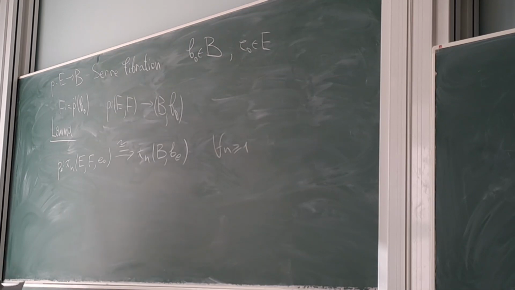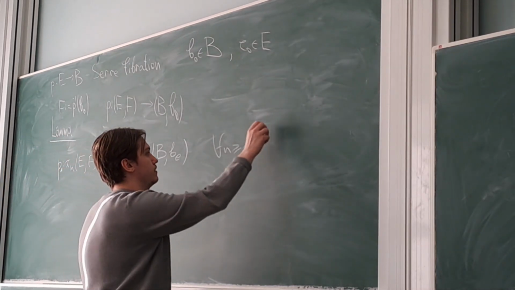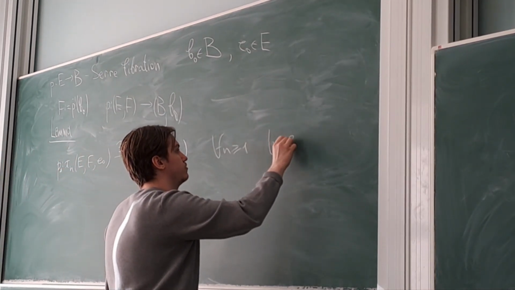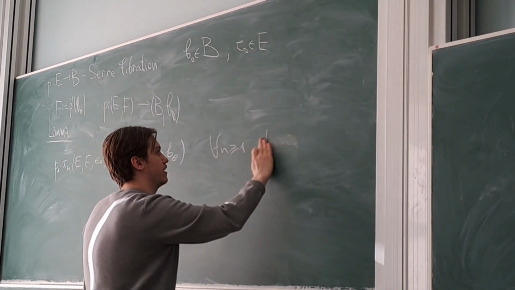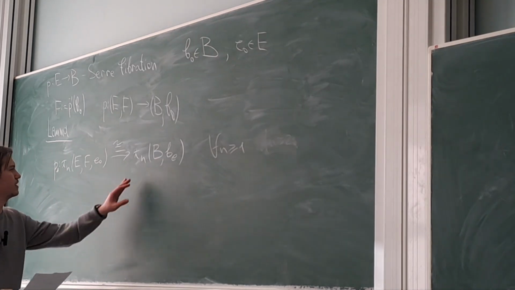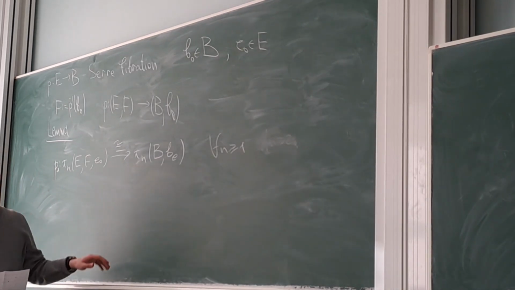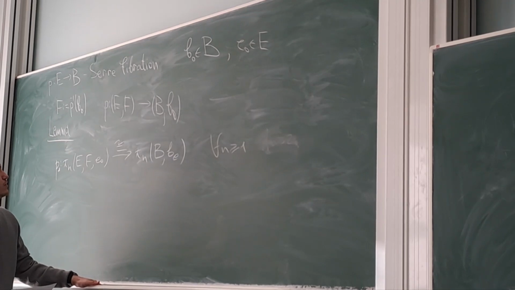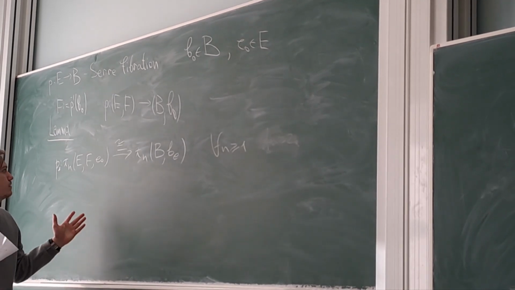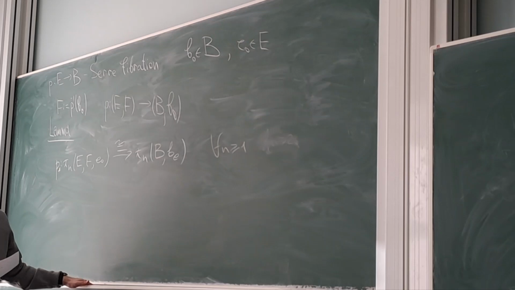But if n is at least 2, then this is an isomorphism. So, but I'll check it only if n is at least 2, just because I don't want to say something about the case of non-groups. Just that.